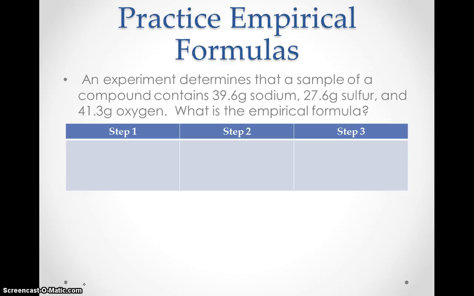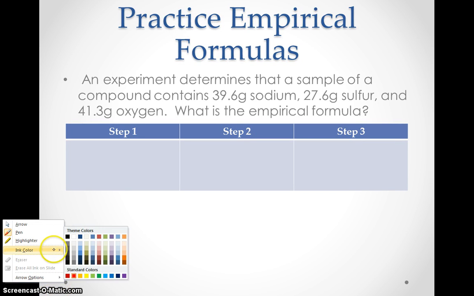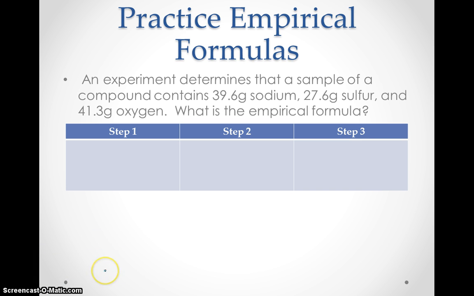I can take it into my lab, I can do some really complex analysis, and what that analysis is going to kick out is a bunch of information. And I can use that information to calculate the empirical formula. So I did an experiment where I was digging around in the Earth's crust and I found some compound. That compound had 39.6 grams of sodium, 27.6 grams of sulfur, and 41.3 grams of oxygen.